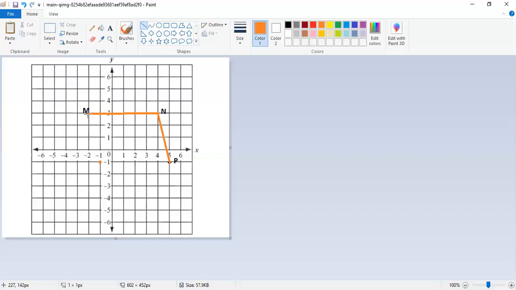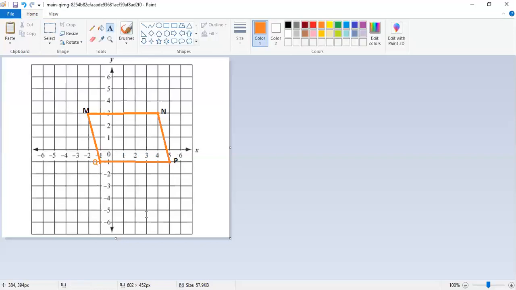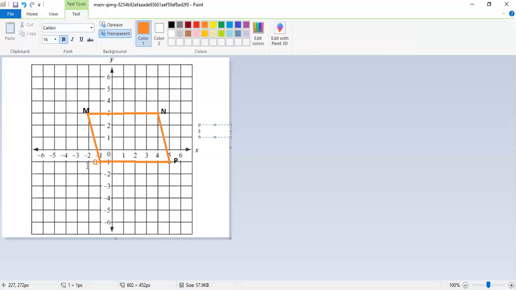Once you draw that, your parallelogram is going to look complete. So this is going to be point Q. Okay, so what are the coordinates for this point? The coordinates for this point are -1 and -1. So you have to write in the answer space -1 and -1. How did we get that?